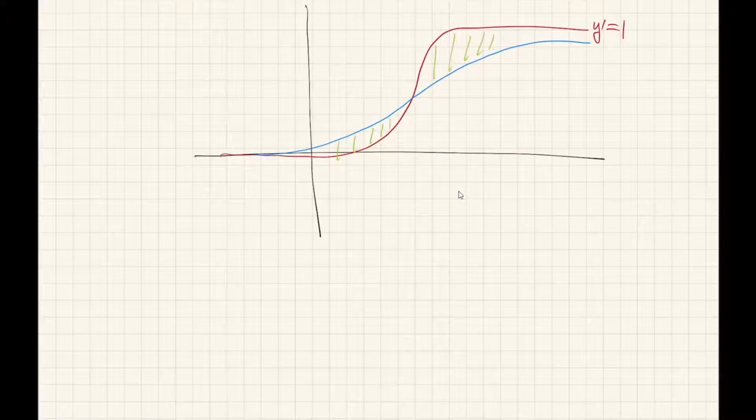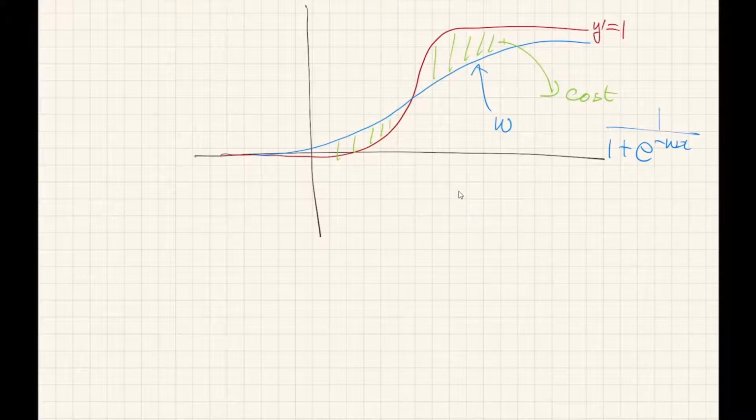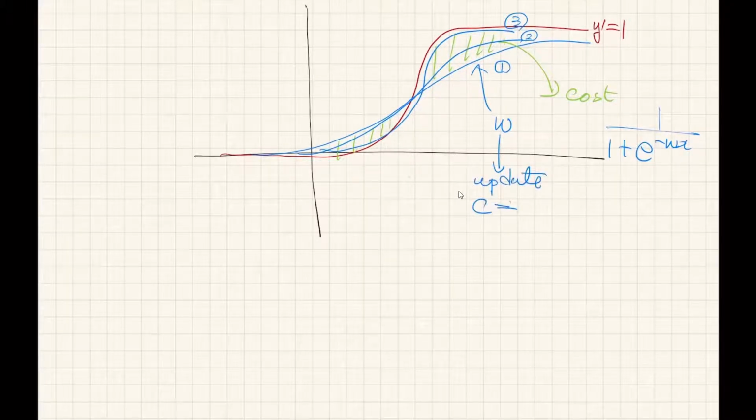This will be the cost. The slope of your sigmoid function will be determined by W, because the sigmoid function has this kind of shape. So you will keep updating W up to a point. During forward propagation and backward propagation, you will keep updating until the cost becomes 0.